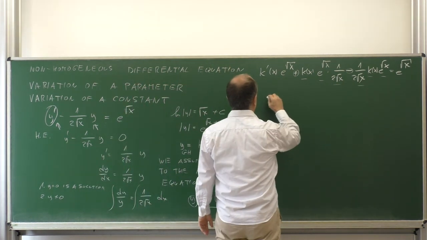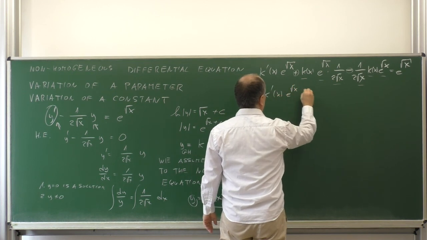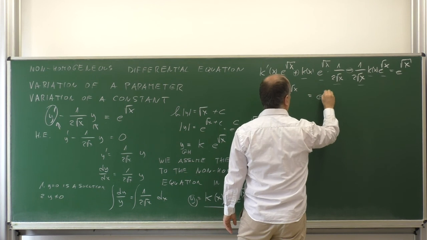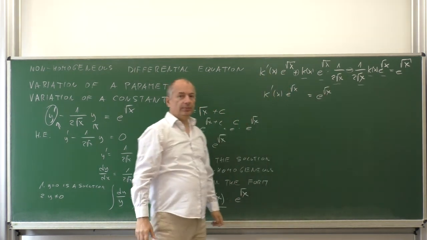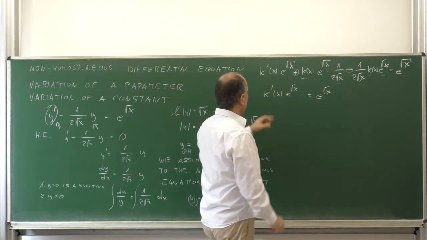So what remains is the first term, k prime x e to the square root of x, plus 0, is e to the square root of x. And now we want to solve for k prime.